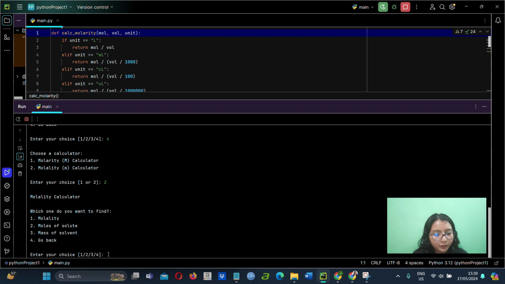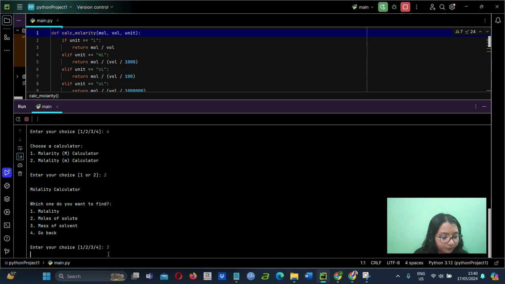Sometimes the problems require the students to find either the moles of solute or the mass of solvent. So now that we are here in the molality calculator, let's say that we need to find the mass of solvent instead. So let's enter number 3. As you can see, this is another added feature.